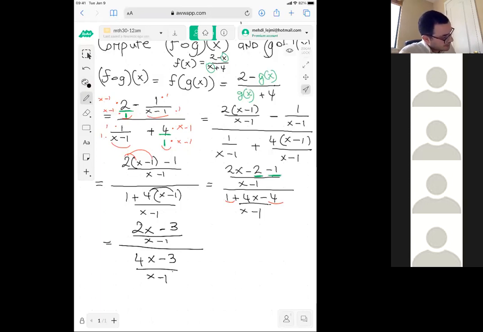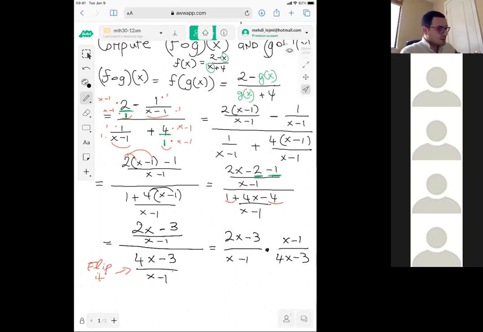So this is now division of fractions. It's 2x minus 3 over x minus 1, and then you flip the bottom one, so it's x minus 1 over 4x minus 3.